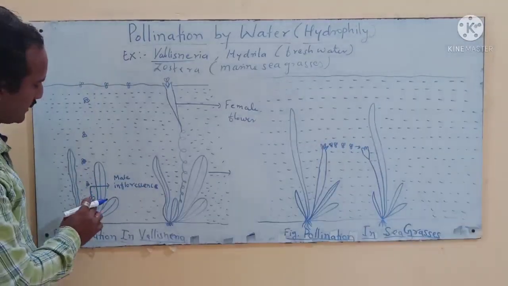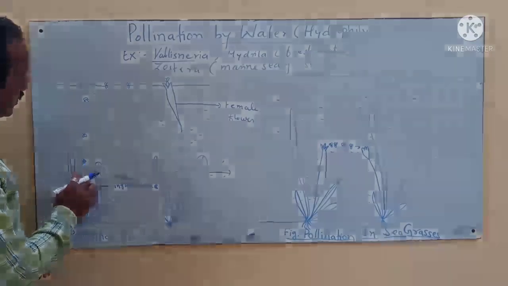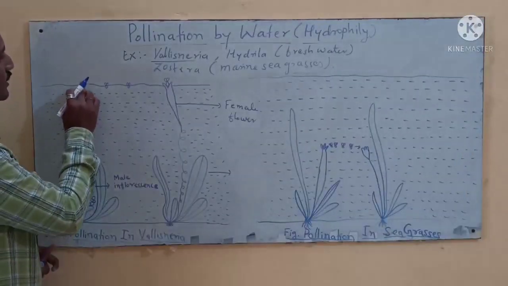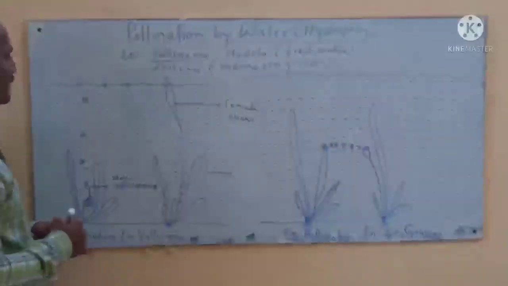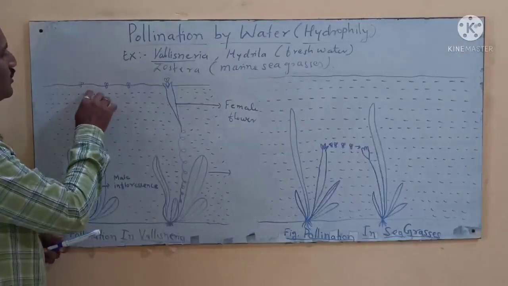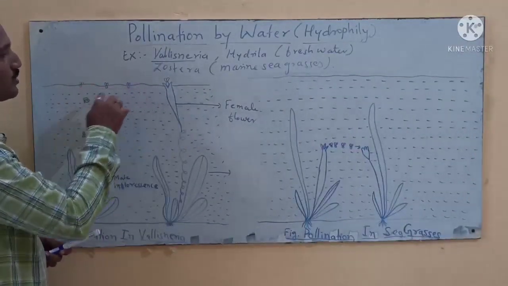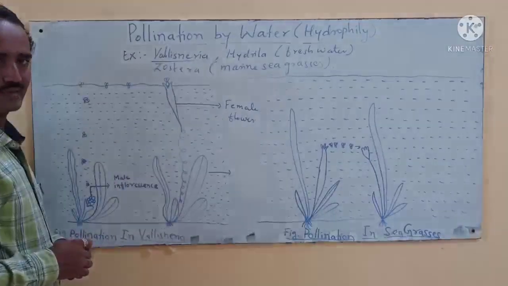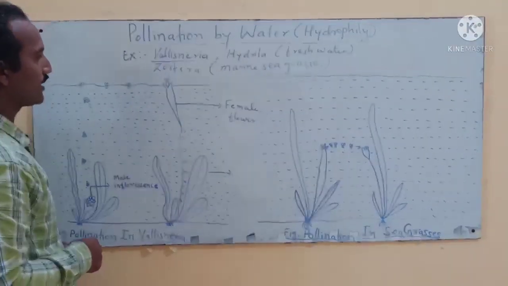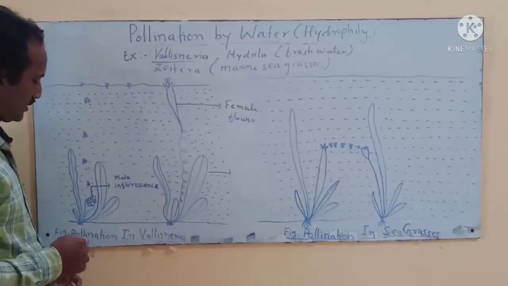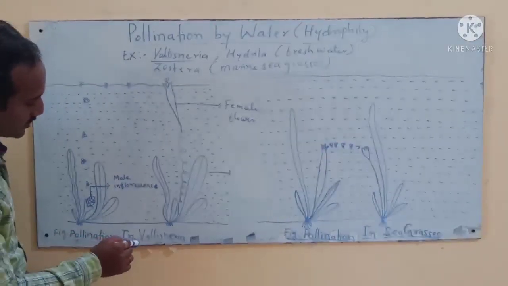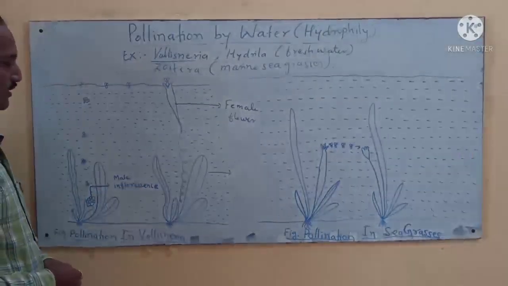The anther descends, the pollen grains are released, and they are passed through the water current. They reach the stigma of the female flower and carry out the pollination. This is observed in Vallisneria.